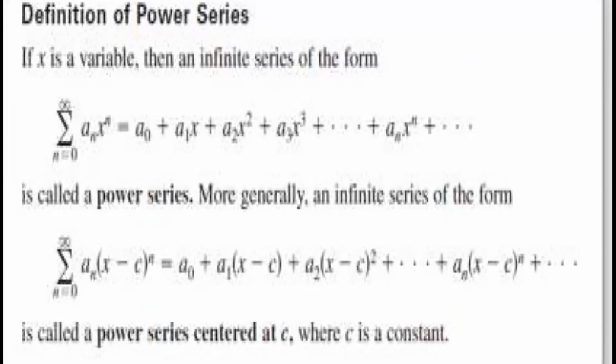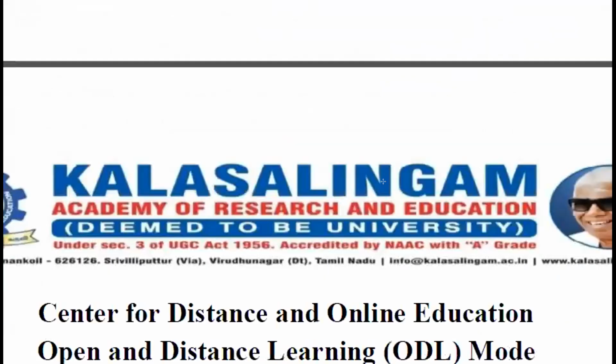If we expand this, we'll get a naught plus a1 into x minus c plus a2 into x minus c whole square plus dot dot dot dot an x minus c whole to the power n. This is the nth term of the infinite series, plus dot dot dot dot. Okay, here obviously c is a constant, and all other terms like the ai's and x can be considered as complex numbers. Okay, so next is this.